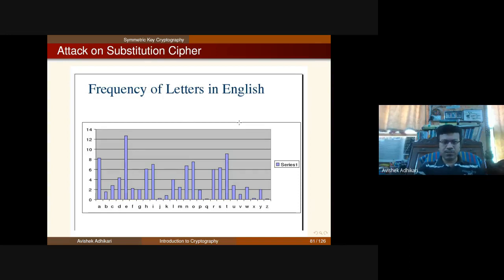So that's why what I tried to mention to you is that it's not that if your scheme looks very complicated or if your scheme has a large key space size, it means that your scheme is very secure.